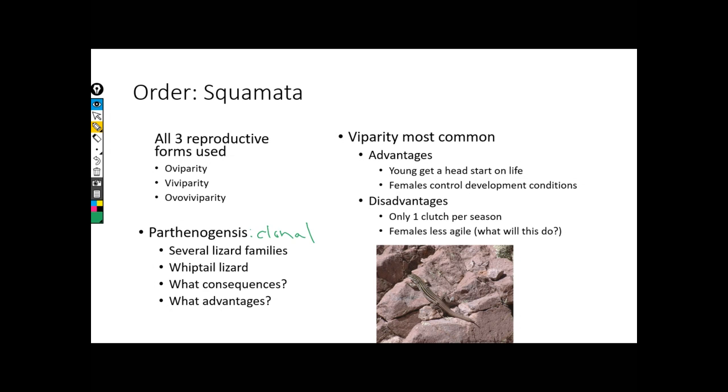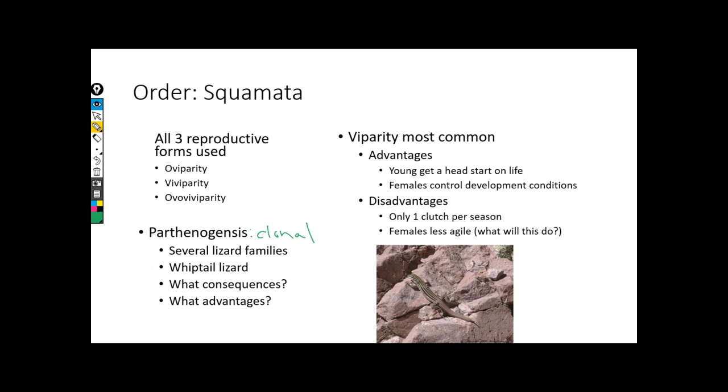Now that being said, you do see off to the right here that we are able to have a discussion on, well, what is the most common? So viviparity here is the most common, and there's some reasons for that.